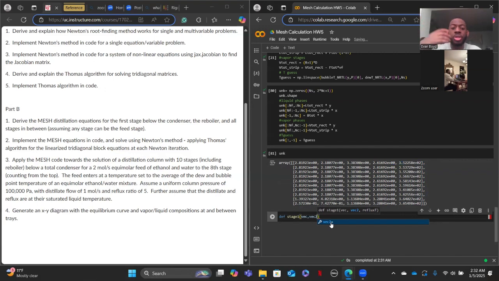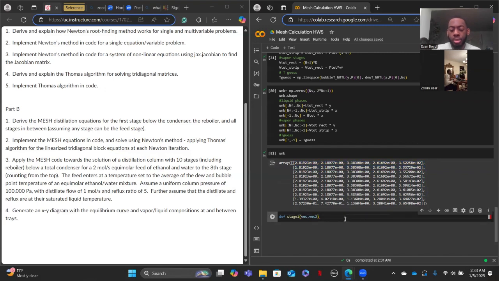Just as a heads up, vector 1 would be the vector above our current stage, which we'll use for the next definition, so don't worry about that right now. For now we'll have vector 1 and vector 2 representing our columns here.